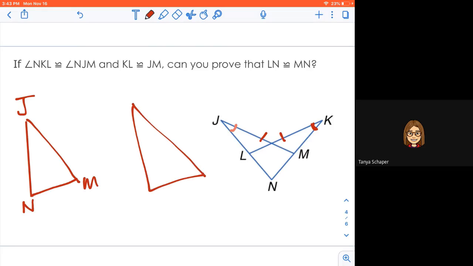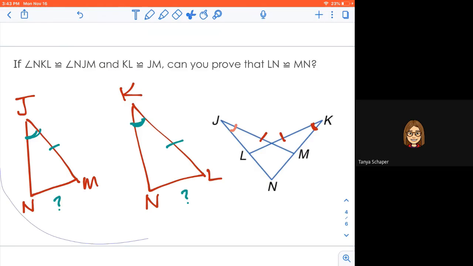I'm going to call this K, this L, and this N. So I'm redrawing it. J and K are congruent, and JM and KL are congruent. We want to know if these two sides are congruent.